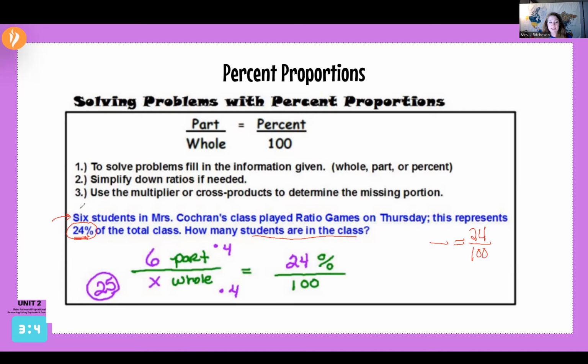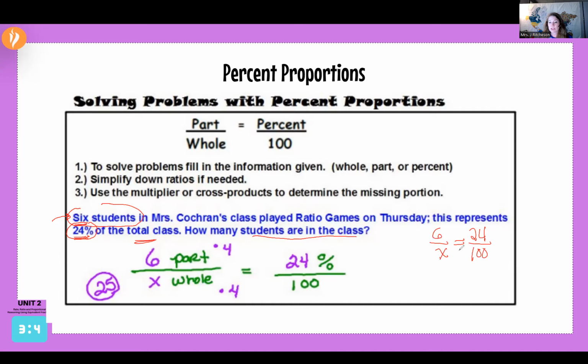So if you read this carefully, it says 6 students in her class play this game. The question is, how many total students are in the class? So the whole class, we don't know how many are in the whole class. That's why our variable goes on the bottom. But we do know that part of the class is 6.